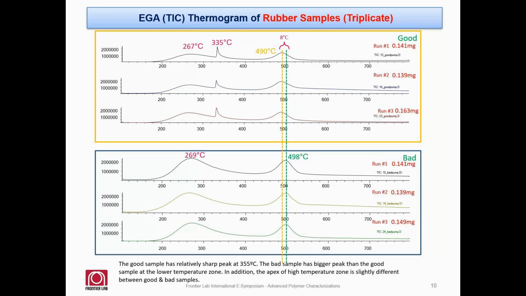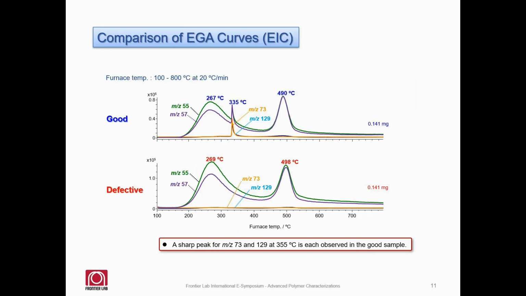So from this EGA, we have found out that the major concentrated zones are between 200 to 400. Thereby, what we have done is the EIC, which is nothing but the extracted ion profiles obtained from the EGA curves from both good and defective samples.